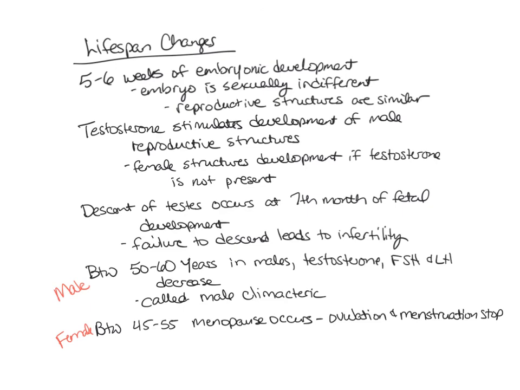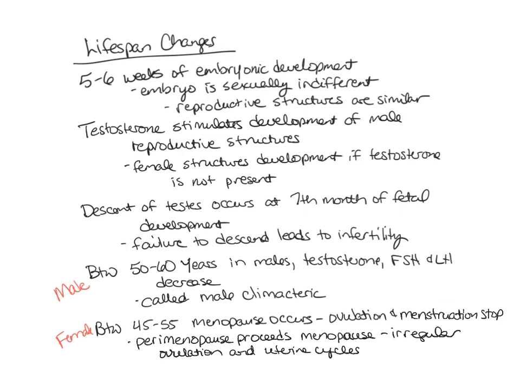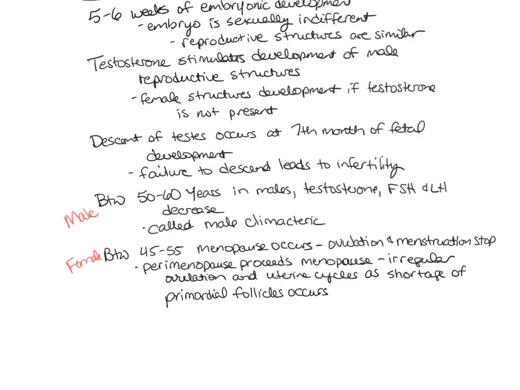This is when the female has irregular ovarian and uterine cycles that are preceding menopause. This is due to a shortage of the primordial follicles. As the available follicles start to decrease, estrogen levels also decline, and this may or may not trigger ovulation. So she might not ovulate every month during perimenopause.